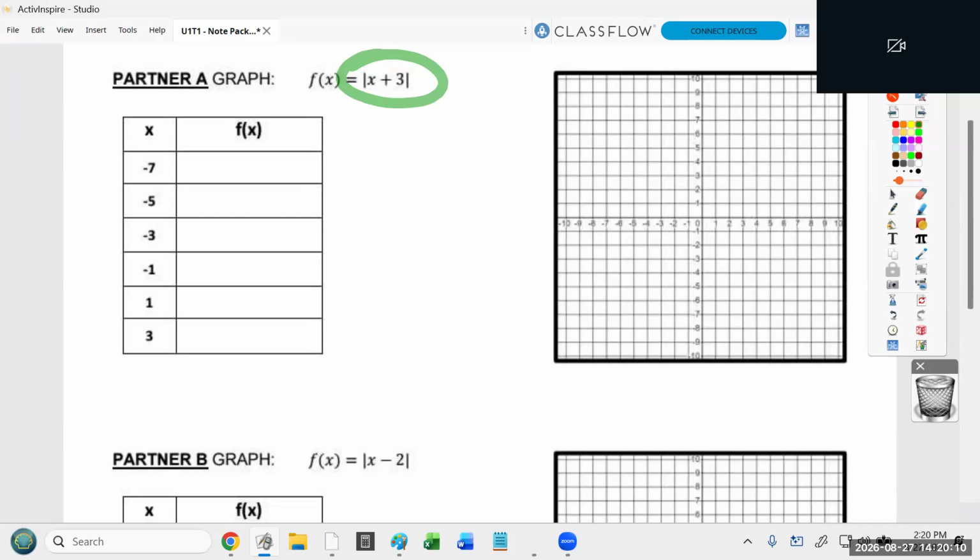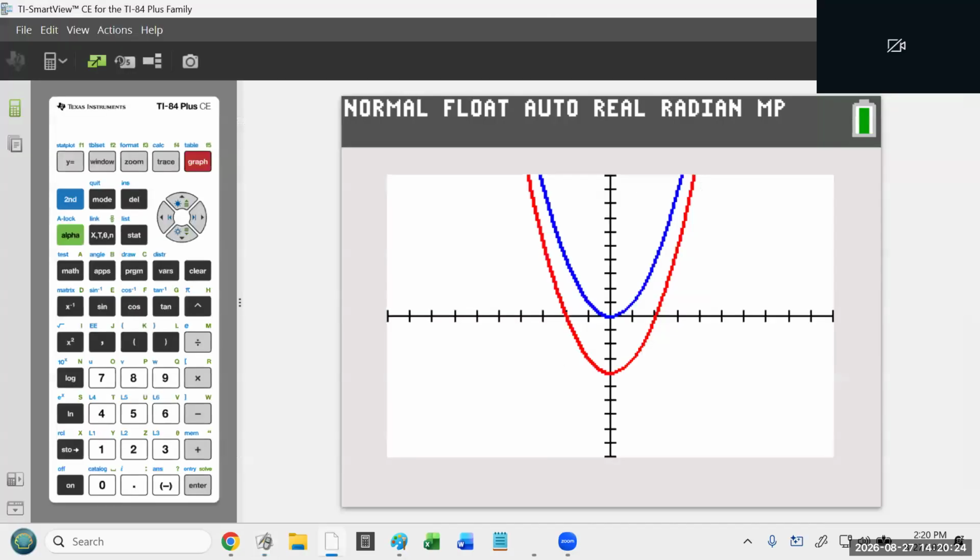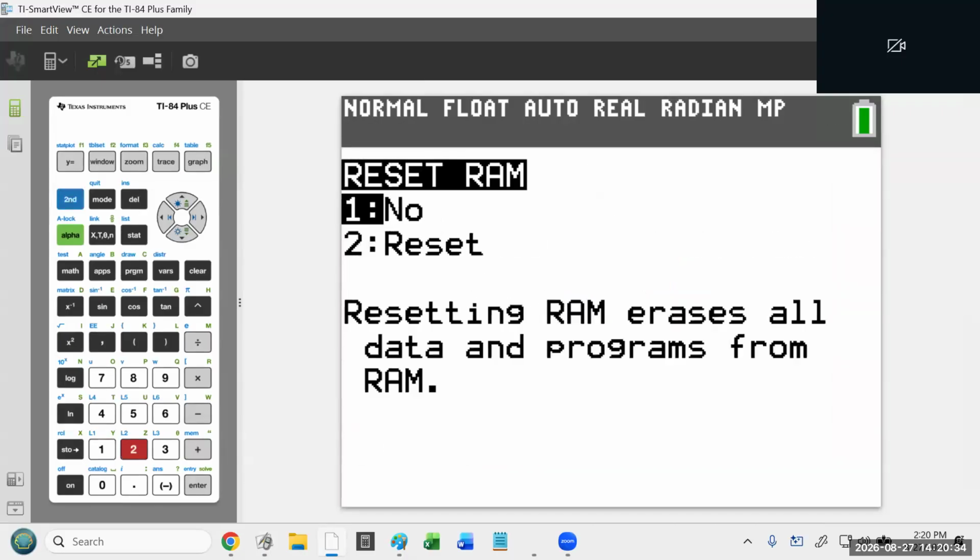Now, I'm going to teach you something that even in high-level math classes like calculus, you get kids in there that don't even know this feature about the calculator. It's actually really cool. Check this out. Follow along with me. We are going to reset our calculators. Second plus 712.